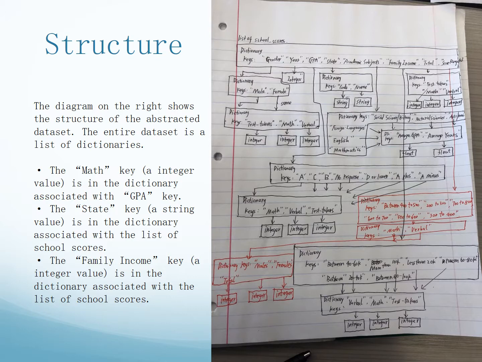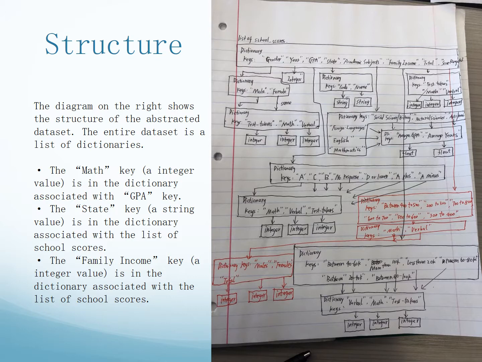And they branch out to dictionary keys like male, female, test takers, math, verbal, and for academic subjects, we have social science, history, foreign language, nature science, art, English, and mathematics.